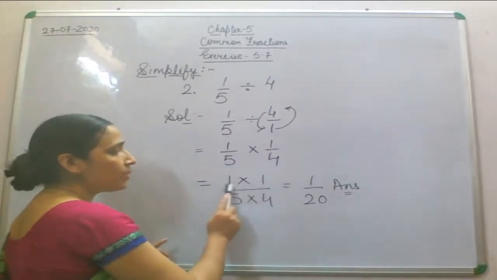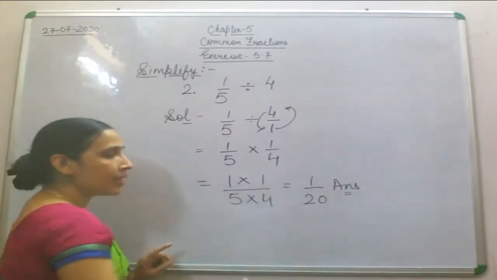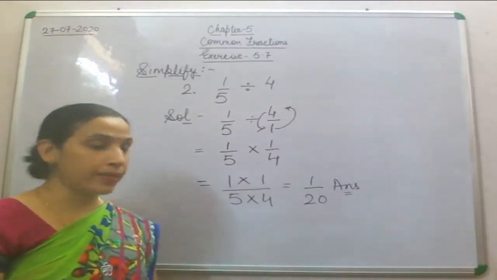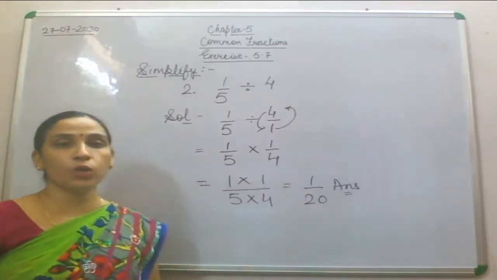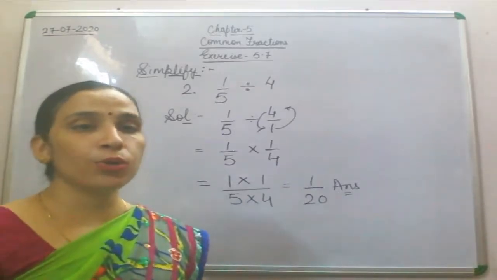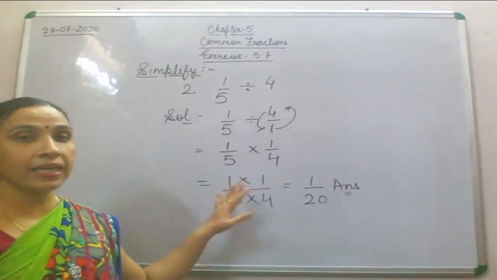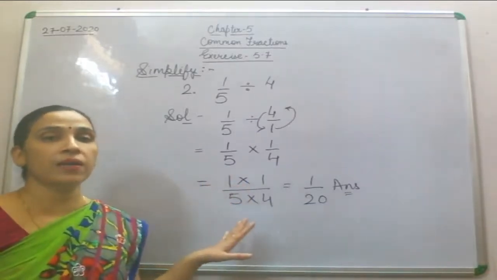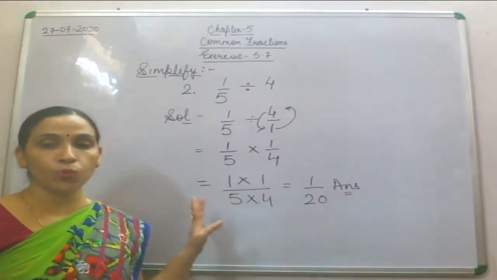So we'll do the multiplication. 1 ones are 1 and 5 fours are, what will we get? We will get 20. Fine. So 1 by 20 will be your answer. So in this way you will do your second question of simplify. I hope this second question, 1 by 5 divided by 4, is clear to all.